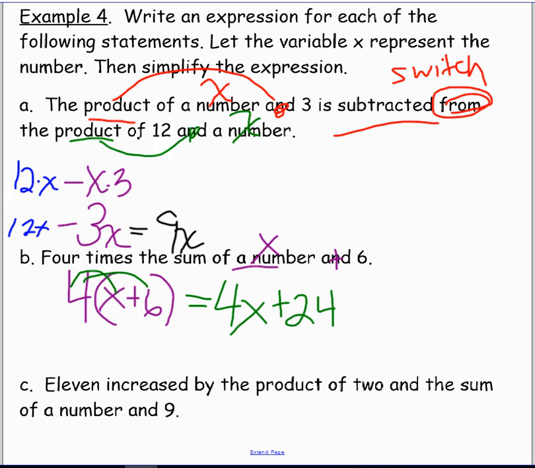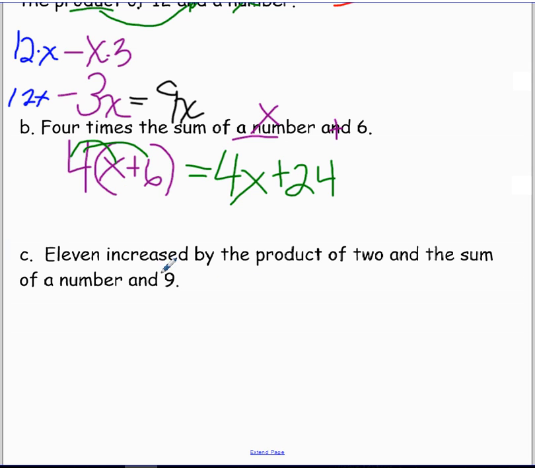11 increased by the product of 2 and the sum of a number and 9. And so we obviously know that 11 is there, increased by, we're adding the product of, so we're multiplying next 2 and the sum. So 2, remember the sum means we have to add first, and then the answer is multiplied by the product.